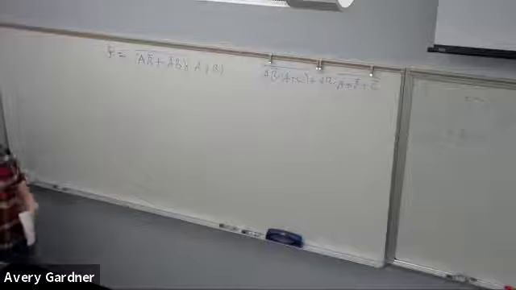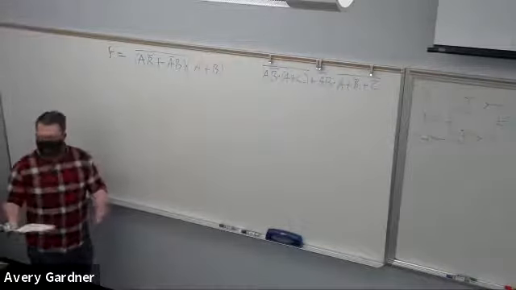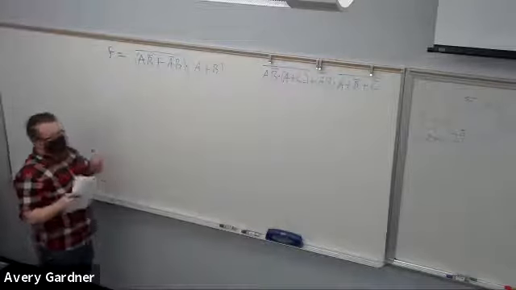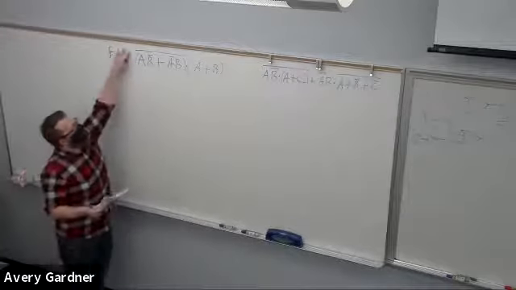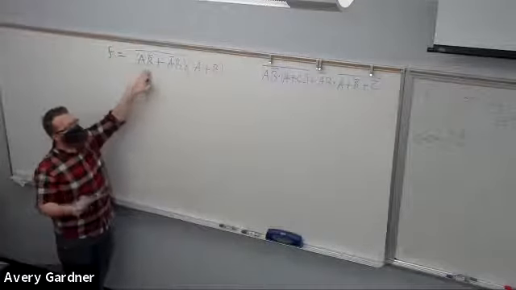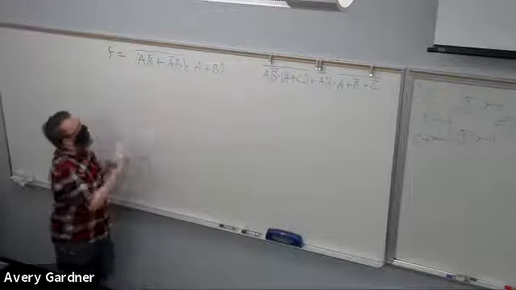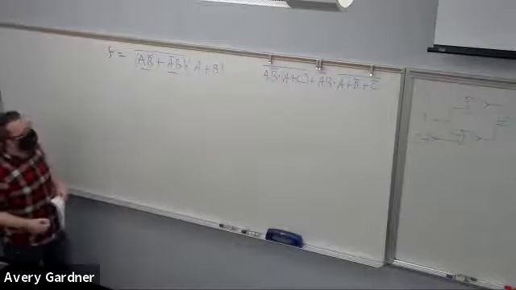Now, De Morgan states that we're going to flip ANDs to ORs and ORs to ANDs, and we're going to invert the terms. Now, in this case, the terms aren't A and B and this and that, right? This is one term of our De Morgan's, that's the other term of our De Morgan's.